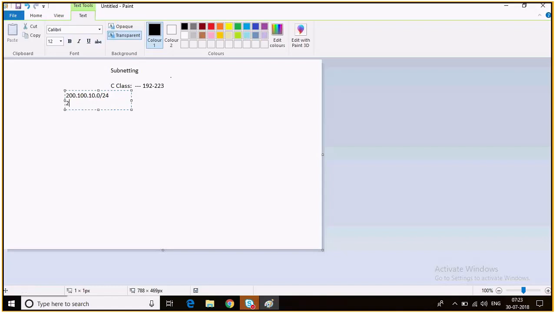I can also write this as 200.100.10.0 with 255.255.255.0.